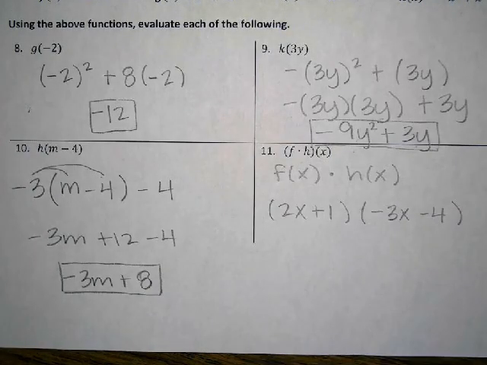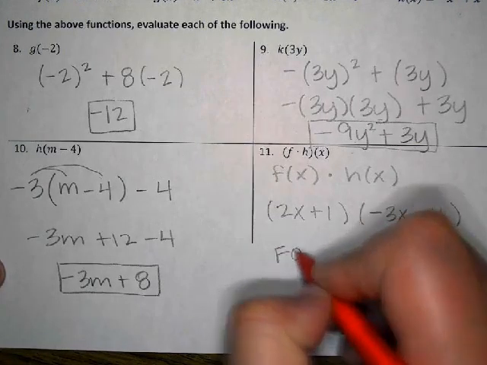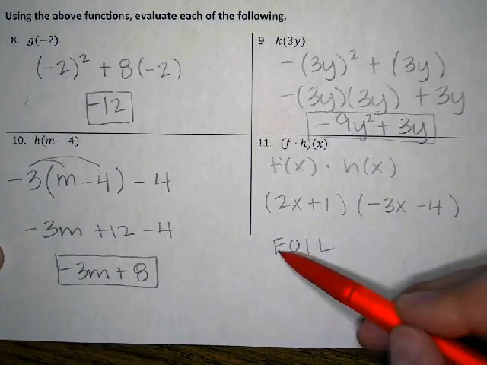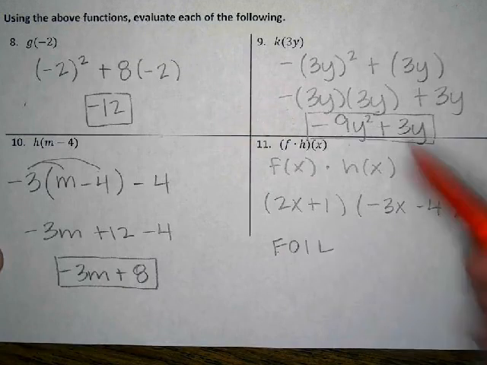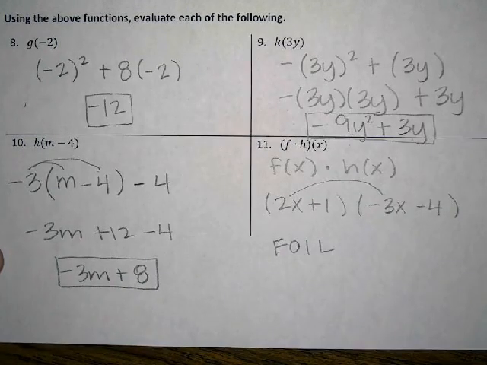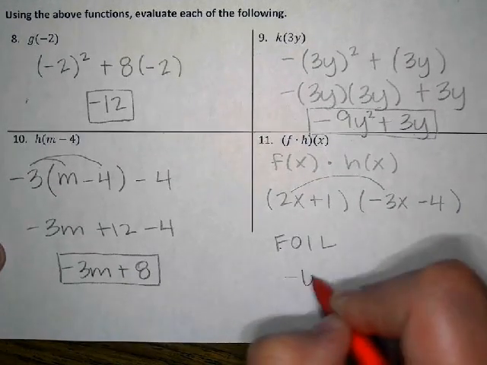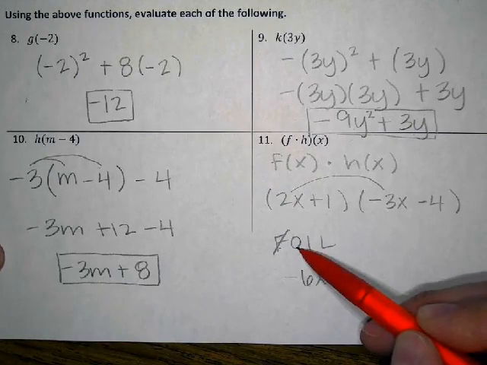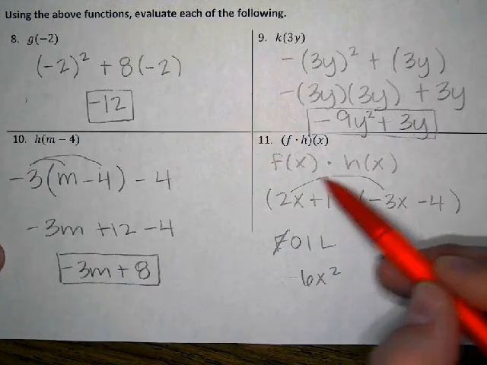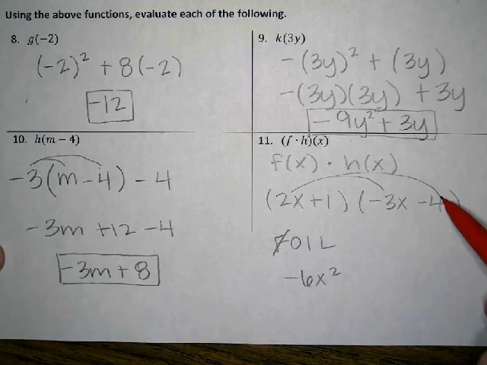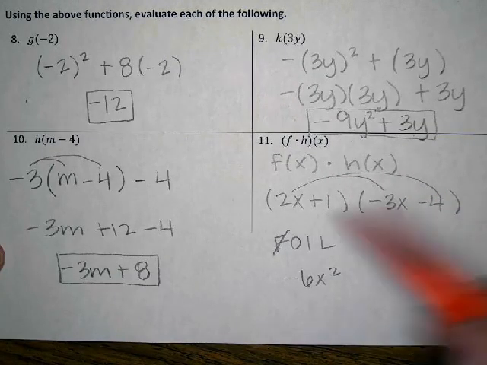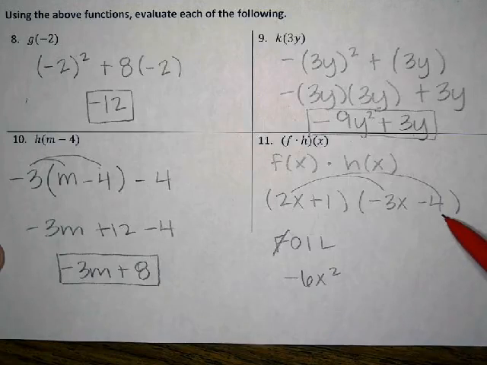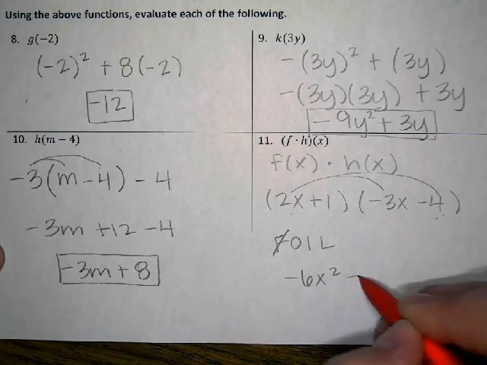We FOIL, okay? So we're going to multiply the first times the first. What is the first times the first? Negative 6x squared, okay? Then we're going to multiply the outsides. So what do we get when we multiply the outsides? Negative 8x, good.